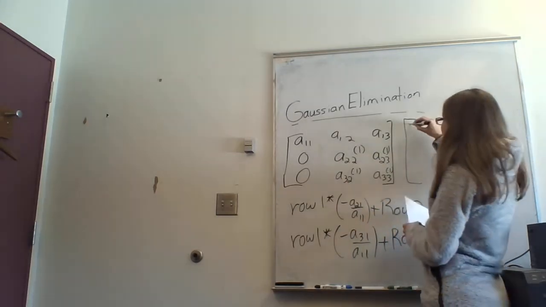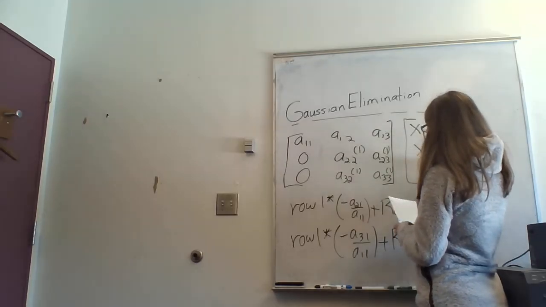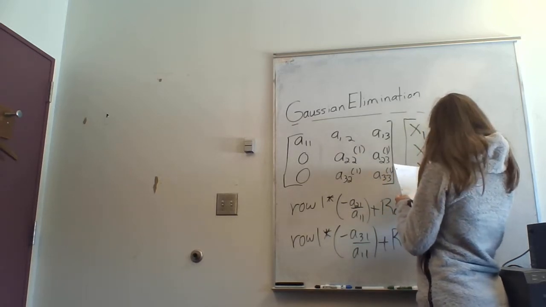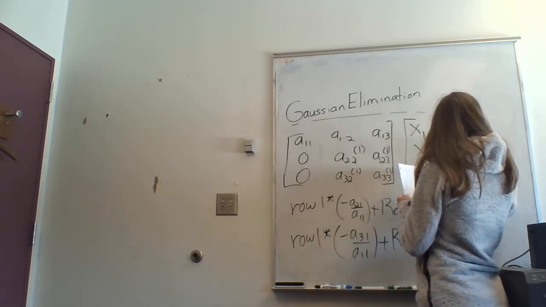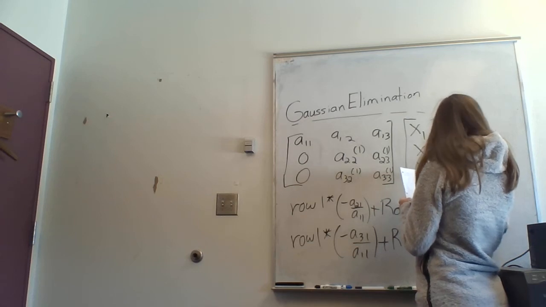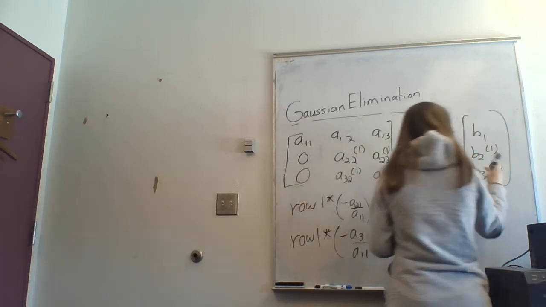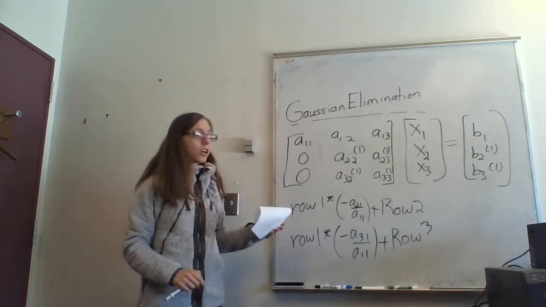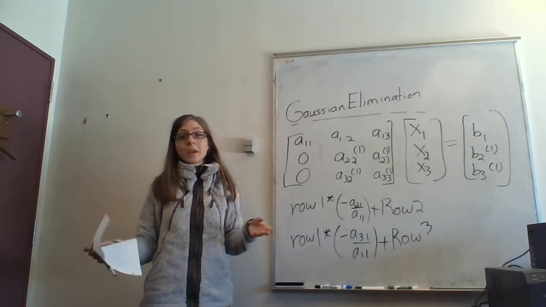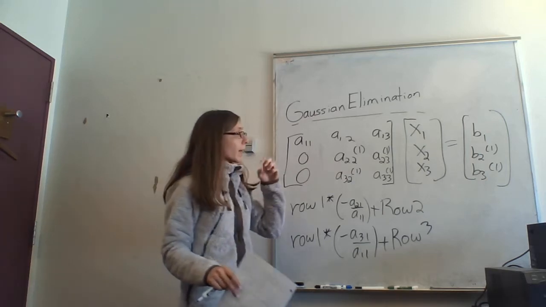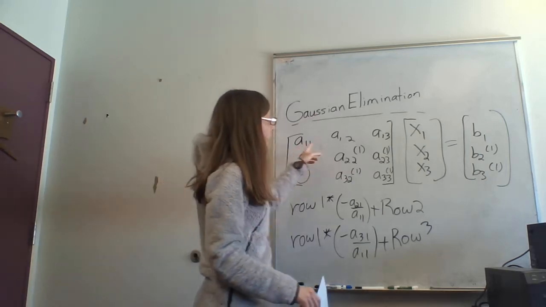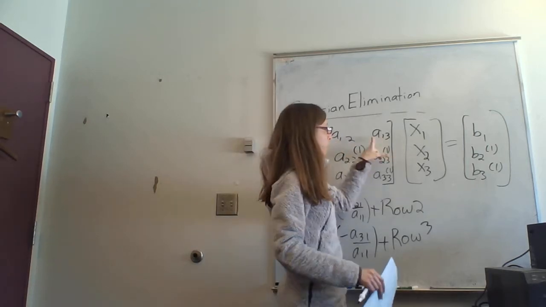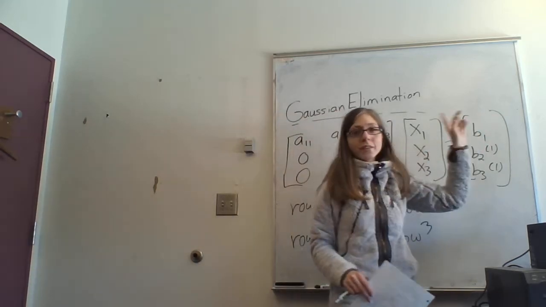So that's how we got what's here right now. And then we had x1, x2, x3 equal to b1, b21, and b31. It's also important to note that the second and third entries of the B vector also changed, and the reason becomes quite clear if you look back at the fact that A11 x1 plus A12 x2 plus A13 x3 equals B1 is an equation.